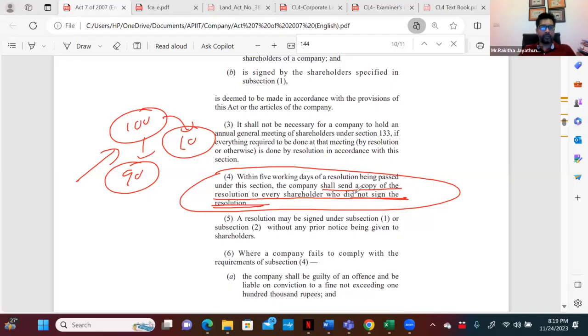The company shall send a copy to every shareholder who did not sign, because they should also know how the resolution has been passed, though they didn't sign. So that communication has to be done.